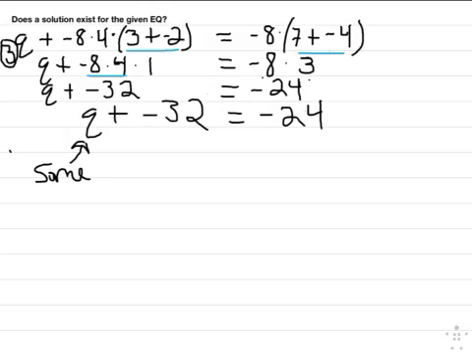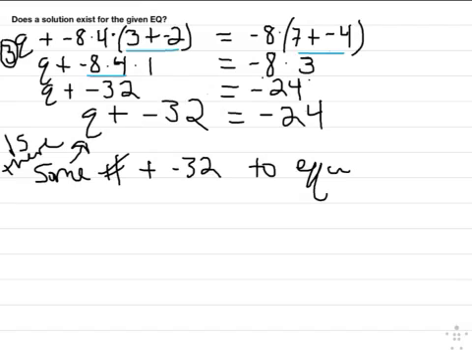Is there some number plus negative 32 to equal negative 24? Okay, well, negative 32, we can find a number to add to negative 32 to bring it up to negative 24. Think of it this way. So there is going to be a solution.